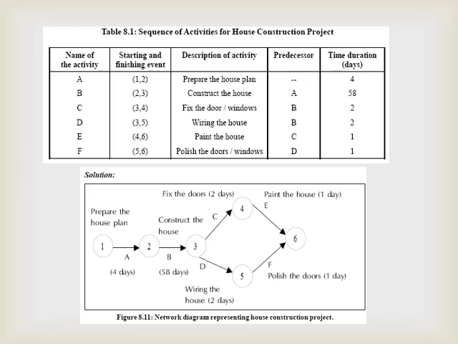The last event is 6. This is how to construct a network for the house construction project. It is easy, just follow the predecessors. This is the main thing: how to follow the predecessors.